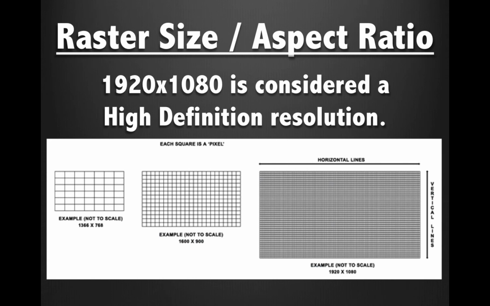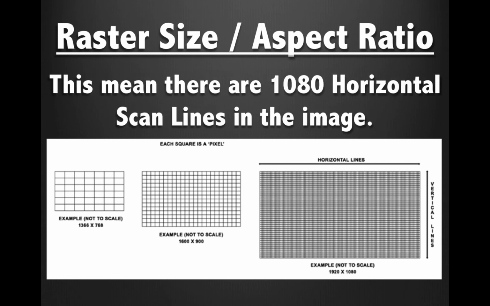So you need to take a look at the vertical resolution. Now you could ask, well, why don't they use the horizontal? It's just that vertical is what has been picked over the years for what they measure it off of. So again, looking at these examples, this means there are 1080 horizontal scan lines in an HD image.